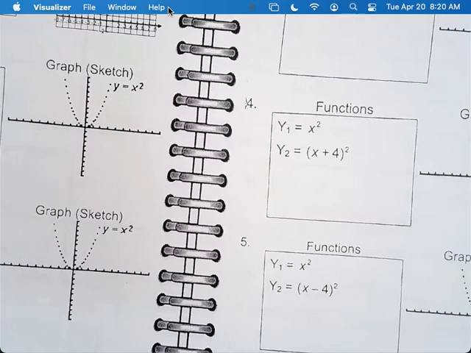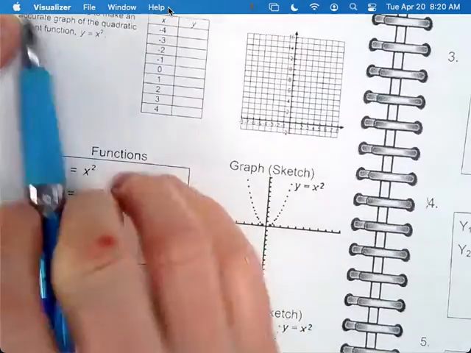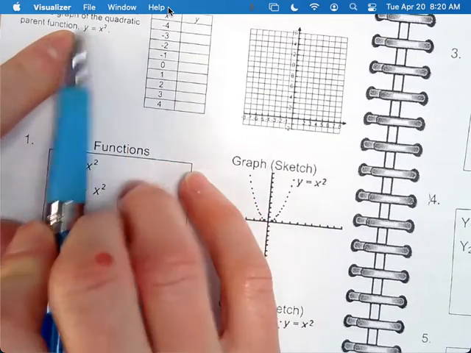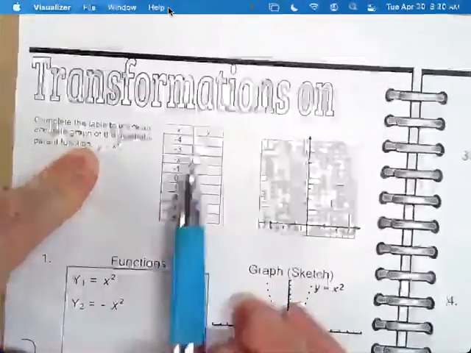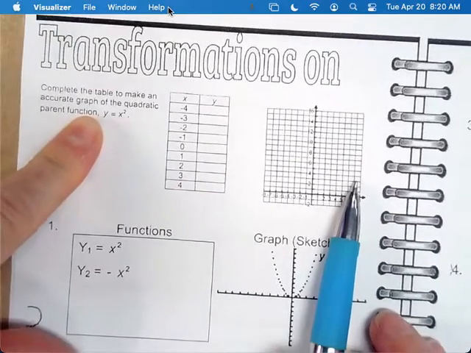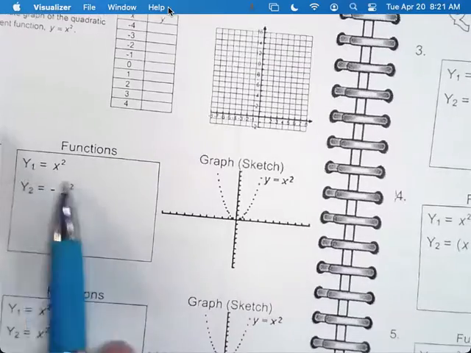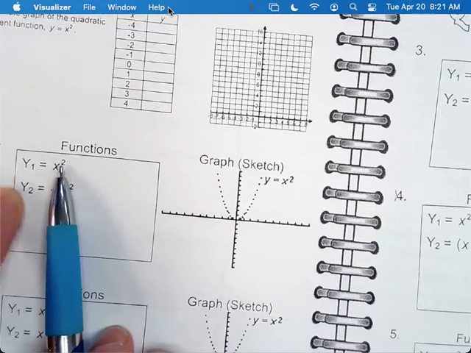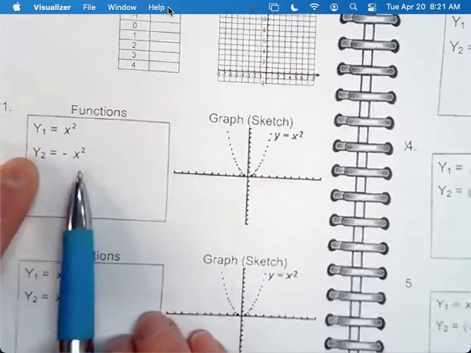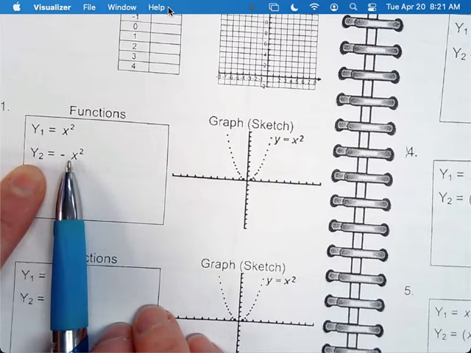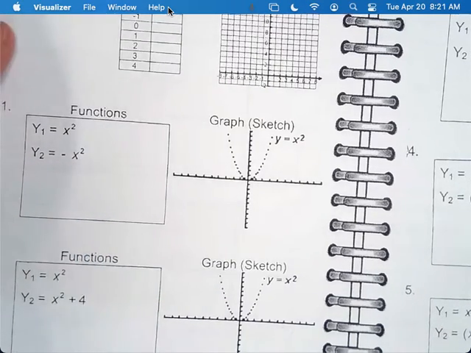Okay, you're going to go through this with your table group. What I want y'all to do is complete the table to make an accurate graph of the quadratic parent function, y equals x squared. Create the table, create the graph. On each one of these 5, it gives you y equals x squared as your parent function. And I want you to graph y2, which on this one is negative x squared, and then compare them.